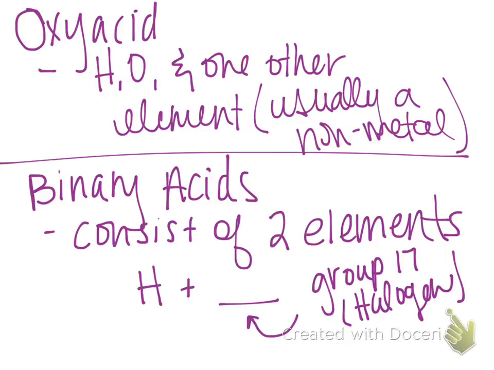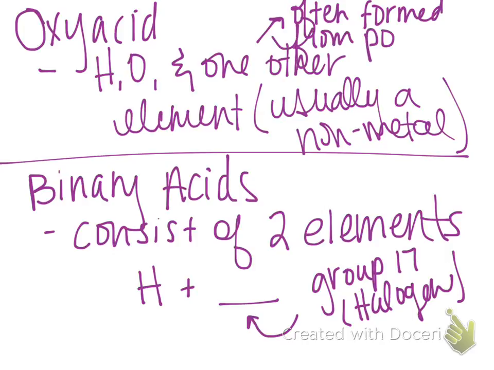Okay, these oxyacids are often formed from our polyatomic ions. Okay, so we might take phosphate and add hydrogens to it and make it an acid. We might take carbonate and add hydrogens to it and make it an acid. Okay, so those are all considered oxyacids that are built from our polyatomic anions.